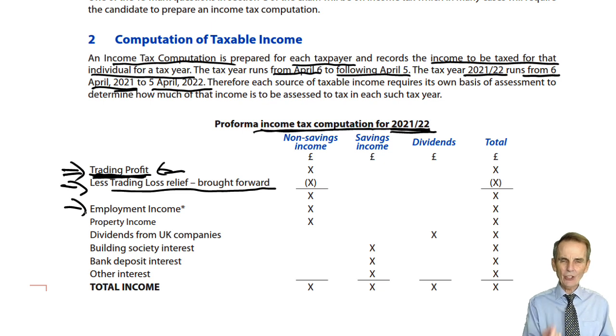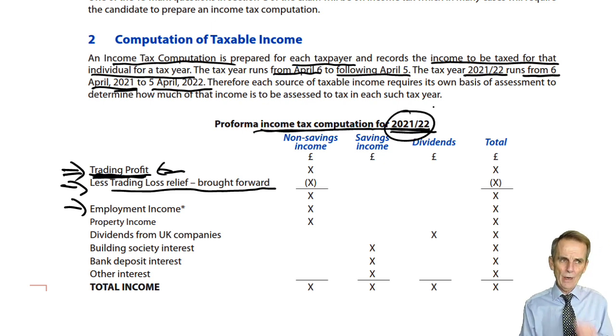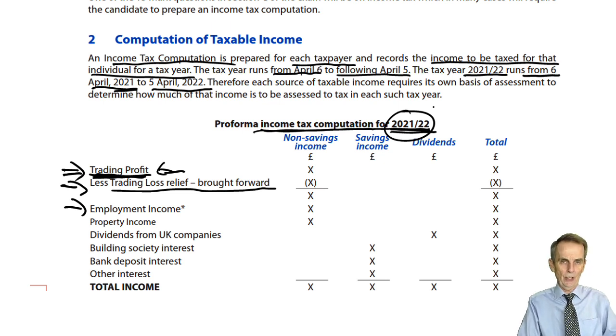It isn't just the salary or wage that has actually been received, though that is the basis of assessment, received in this tax year. We're going to have, most likely, something rather more interesting. And one day, if not already, you might have some of these characteristics as regards your employment income as well.